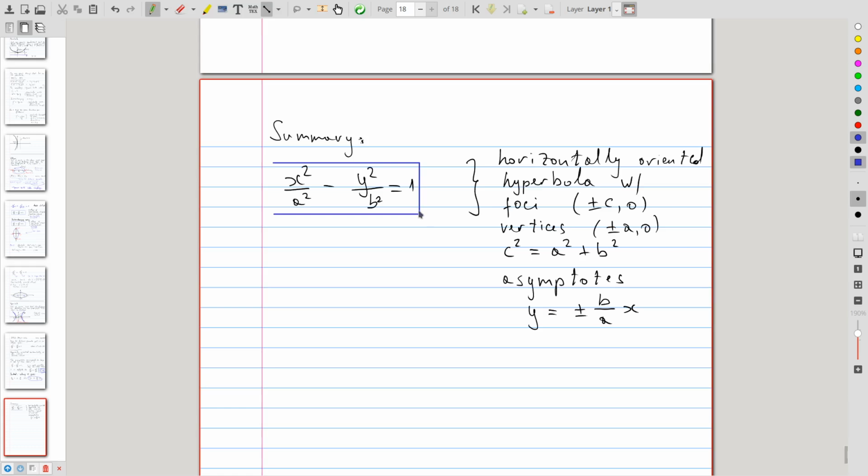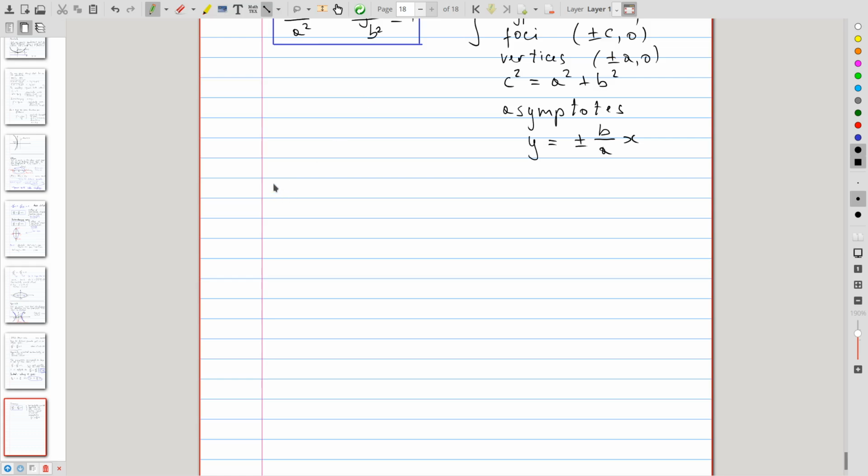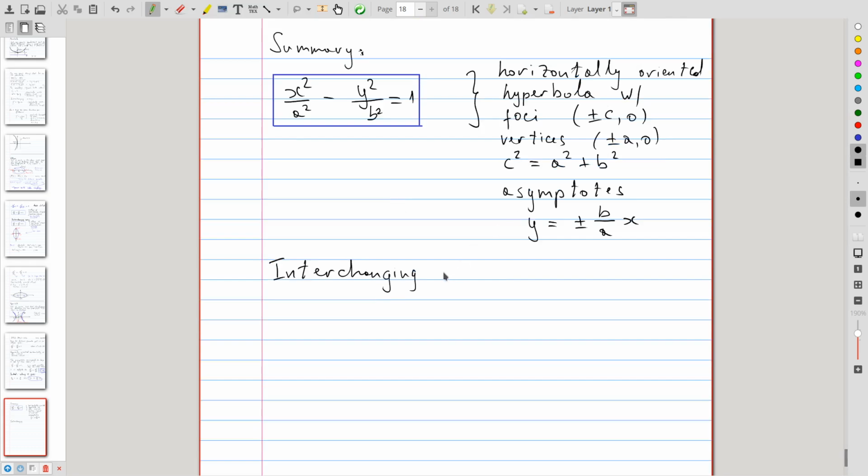Now, as usual, we want to interchange x and y and get a vertically oriented hyperbola. So let's do that. Interchanging x and y gives this equation.